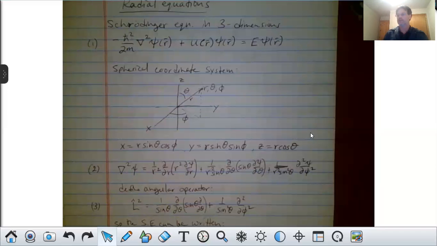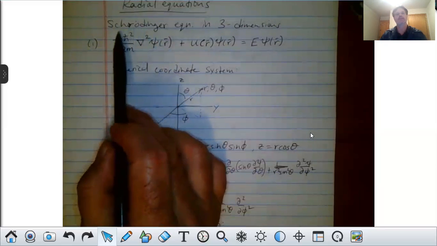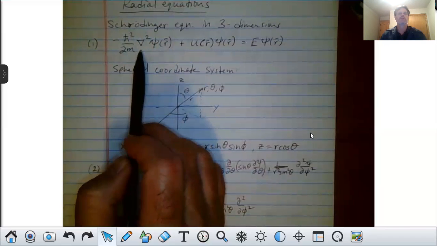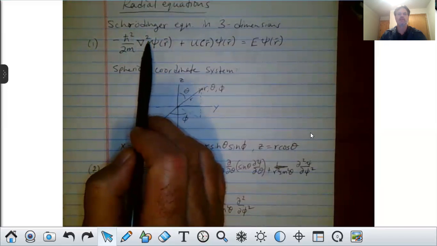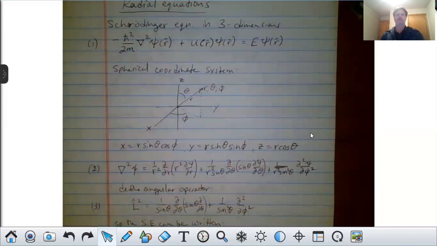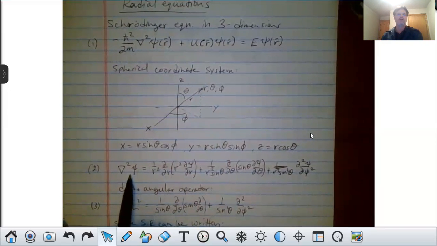But the thing that we're interested in for the Schrodinger equation is this kinetic energy term, which has the gradient squared. I'm not going to go through the detail in this video of how this is obtained, but it turns out when you make the coordinate transformation, you get this expression for the gradient squared of a function psi that depends on r, theta, and phi.